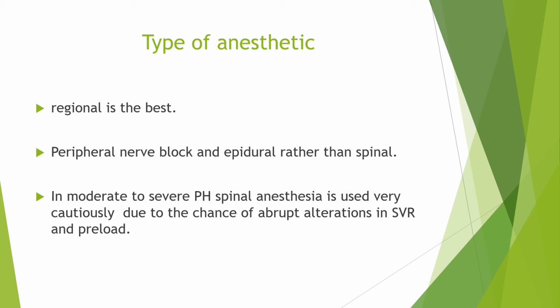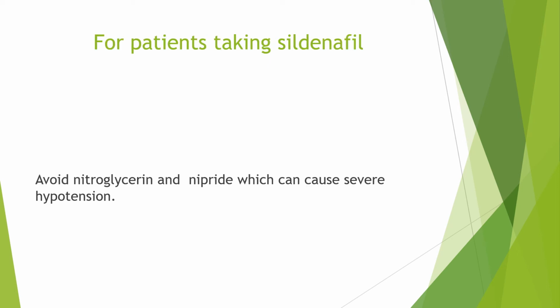In moderate to severe pulmonary hypertension, spinal anesthesia is used very cautiously because abrupt alteration in systemic vascular resistance and preload is very risky in these patients. Be cautious: for a patient taking sildenafil or Viagra, avoid nitroglycerin and nipride, which can cause severe hypotension.